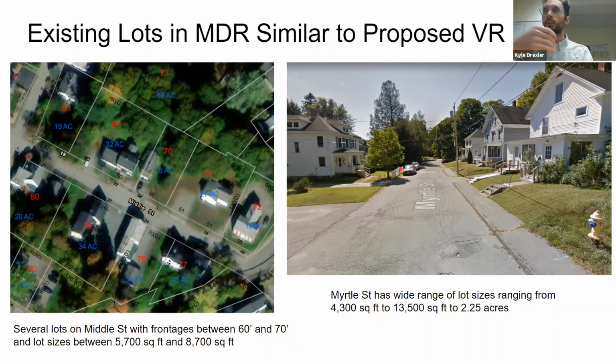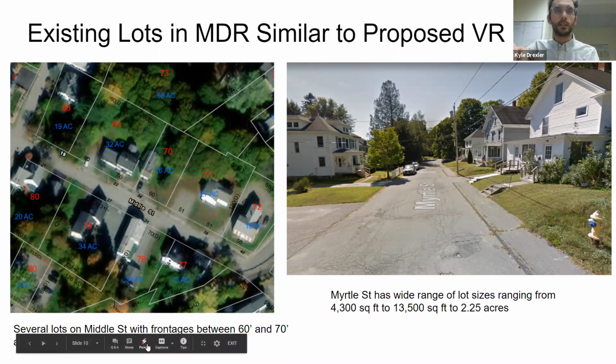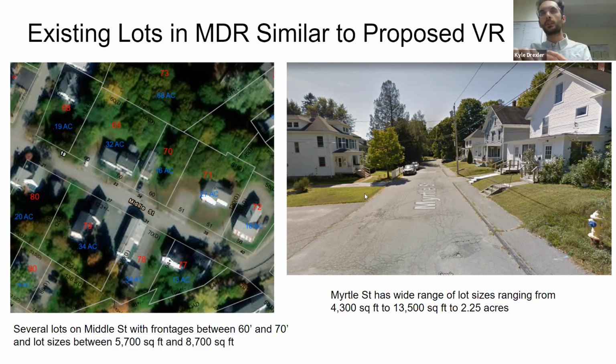So it shows that when we're talking about an optional overlay district like this, where maybe one person on a street takes advantage of it and someone else doesn't, these situations where streets have some bigger lots and some smaller lots are already fairly common in town.